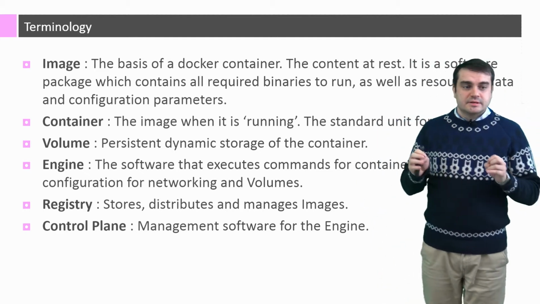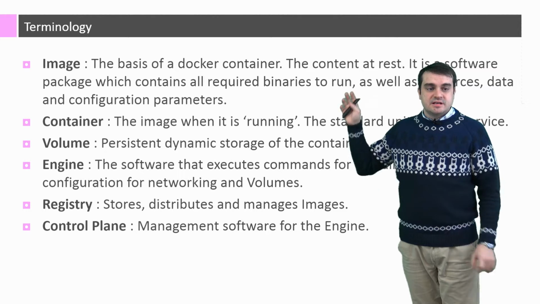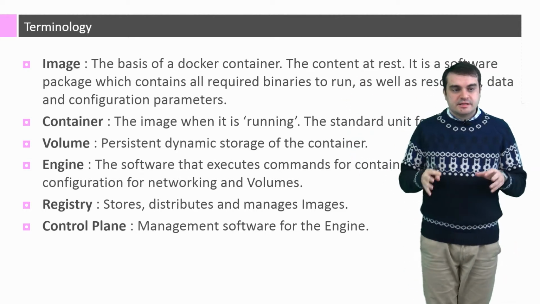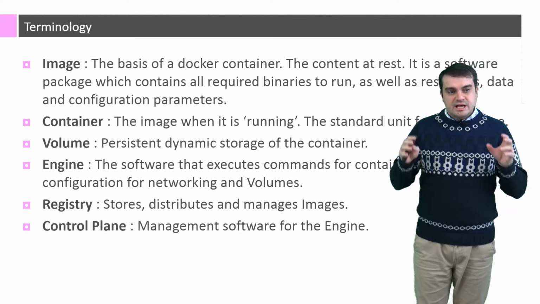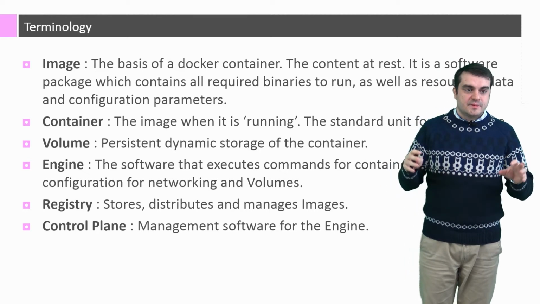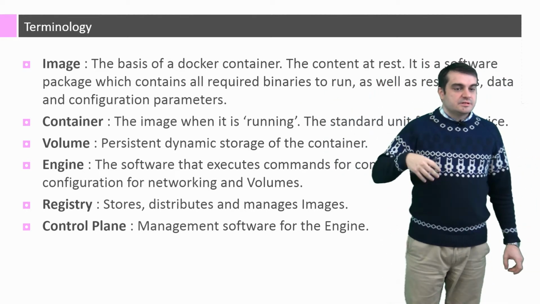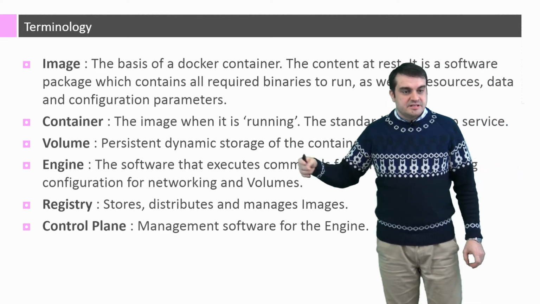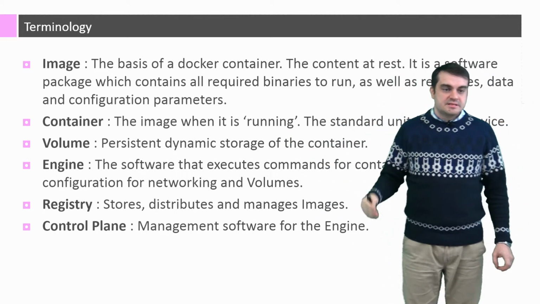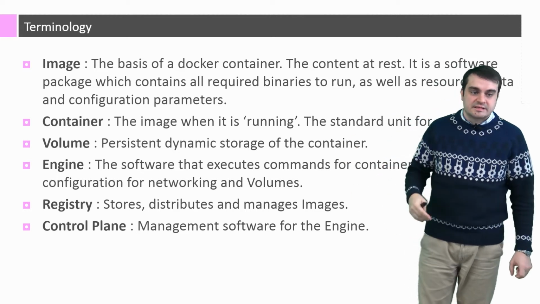Let's talk about terminology. An image is the content at rest, particularly the content of your disk at the starting stage of your application. This content is all the binaries, including those from the operating system, those from dependencies, as well as resources, data, files that you might need.